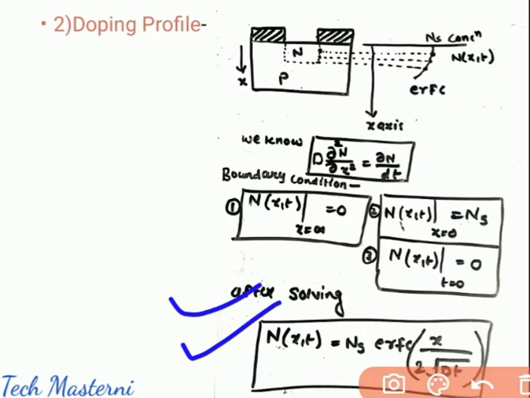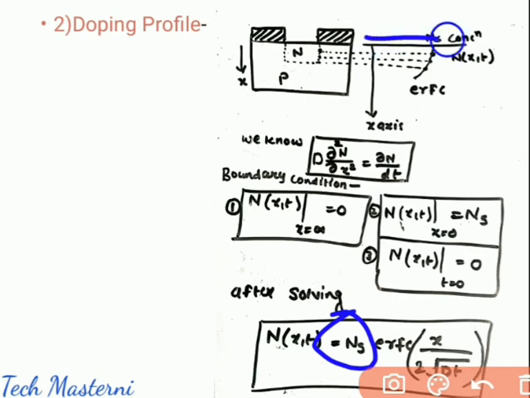After solving it, we will get this expression. So this is the expression of the concentration of my dopant in the substrate, which equals Ns ERFC of x upon 2 root over Dt. Let us understand one by one. This Ns is the surface concentration, which is the solid solubility, the concentration at x equals 0. The second is x.